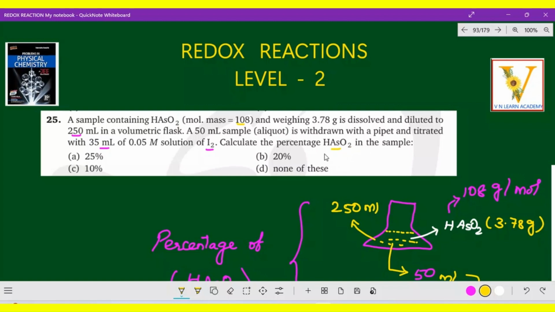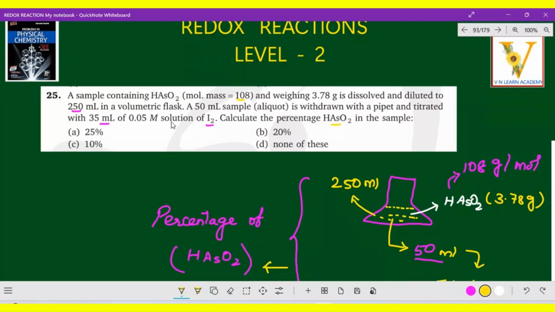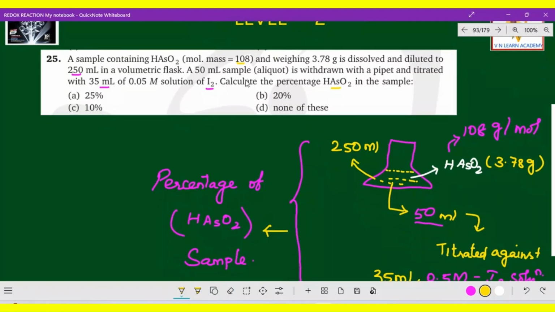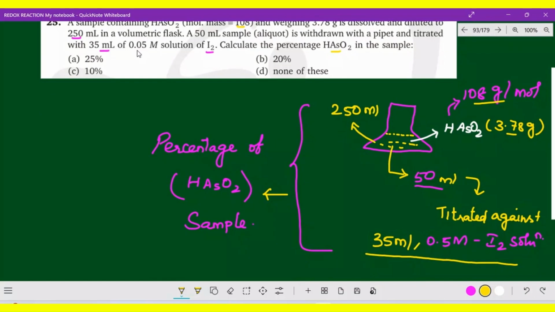Right, now we have to identify the percentage of the sample. HAsO2, arsenous acid. Here what they have given at that point: arsenous acid 3.78 gram dissolved in 250 mL in the volumetric flask. So what is the molar mass of arsenous acid? It is 108 gram per mole, right? Now in that dissolved and diluted content, 50 mL is titrated against 35 mL of 0.05 M iodine solution.